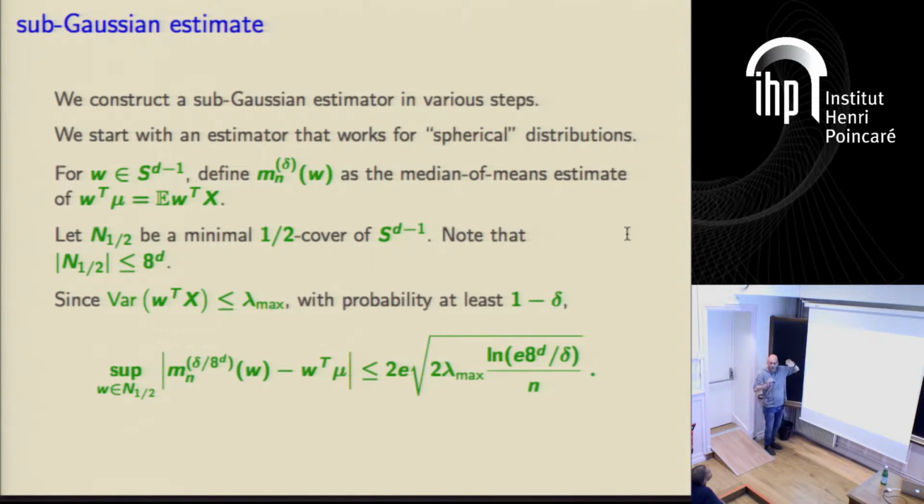Right? We take such a discretization of the unit vectors, and now we're going to project the vector onto each one of these directions. Okay? So we look at the inner product of such a vector with x. That's the mean, and we can calculate the median of means estimator of that.